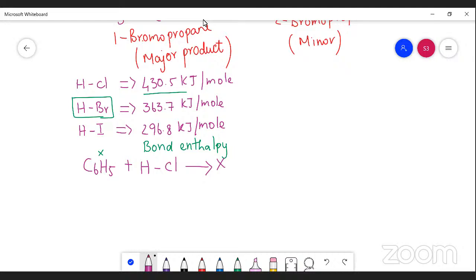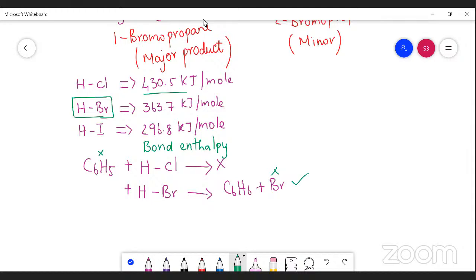But in the case of HBr, when it is reacted with HBr, it produces benzene, C6H6, and a Br free radical. So there is a reaction.